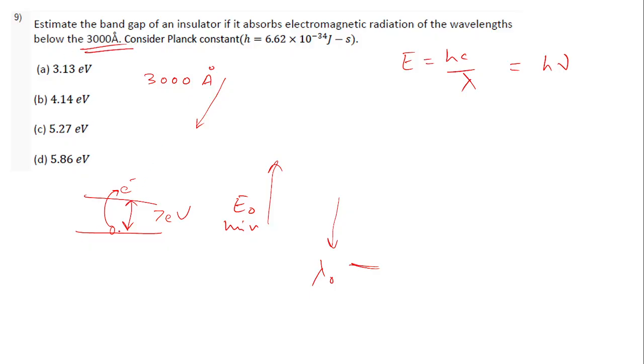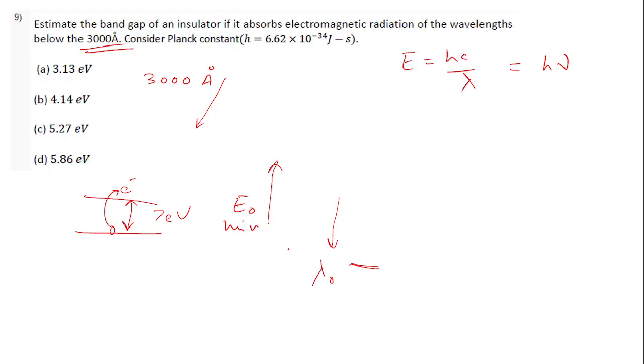To understand why the electron absorbs the wavelength below this and not above it: when electrons go from the valence band to the conduction band, the energy should be equal to or more than the forbidden gap. So this is the minimum energy it requires to absorb. Correspondingly, the wavelength will be some lambda naught, and because they are inversely proportional, if it can take any energy more than E naught, it can take any wavelength less than lambda naught.